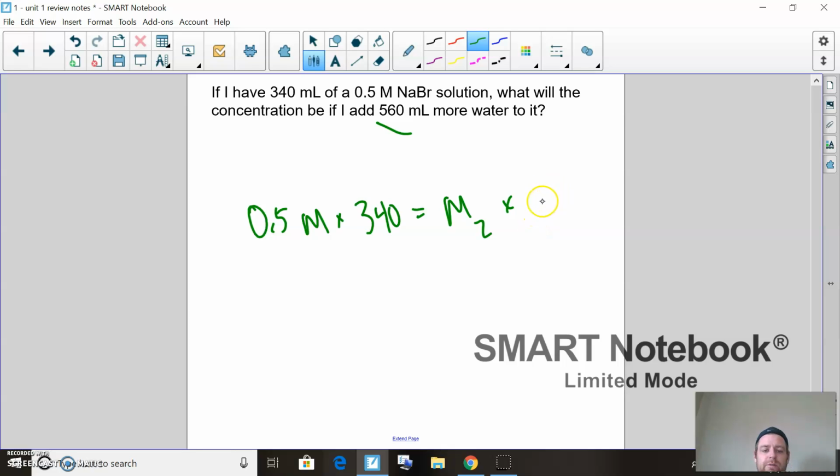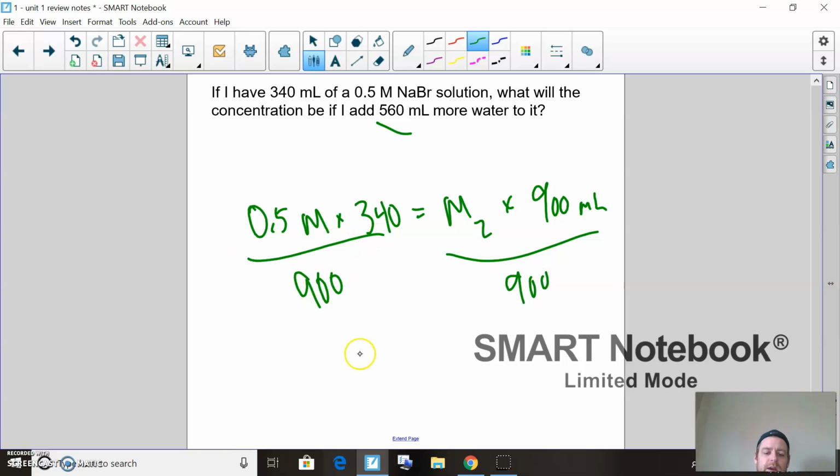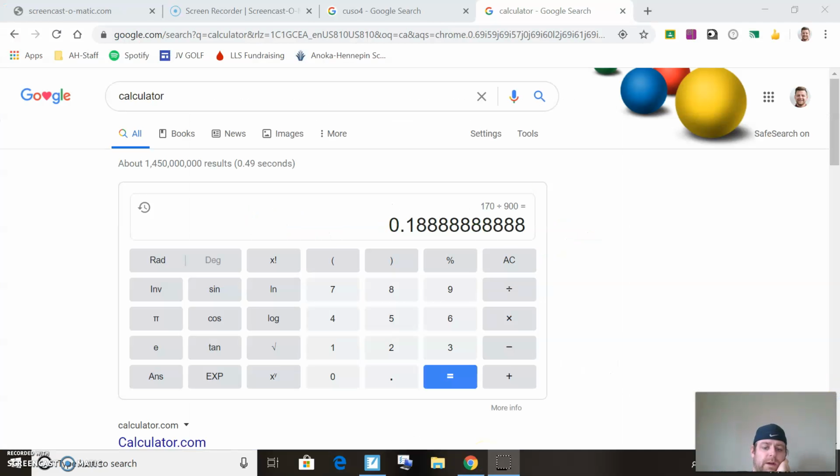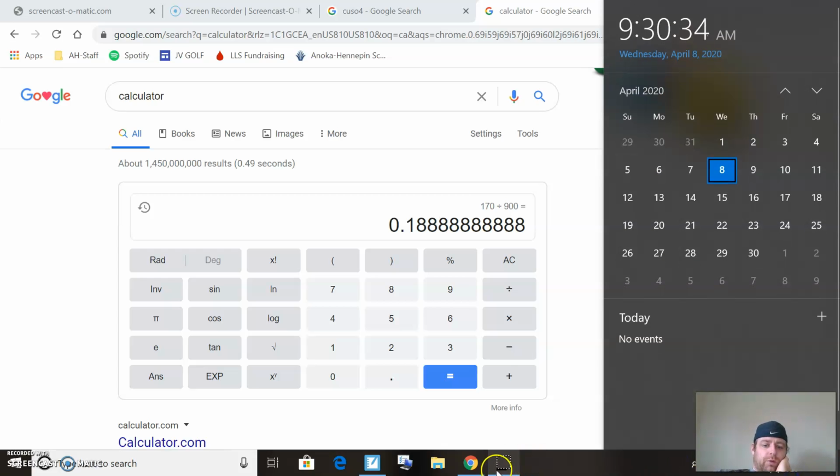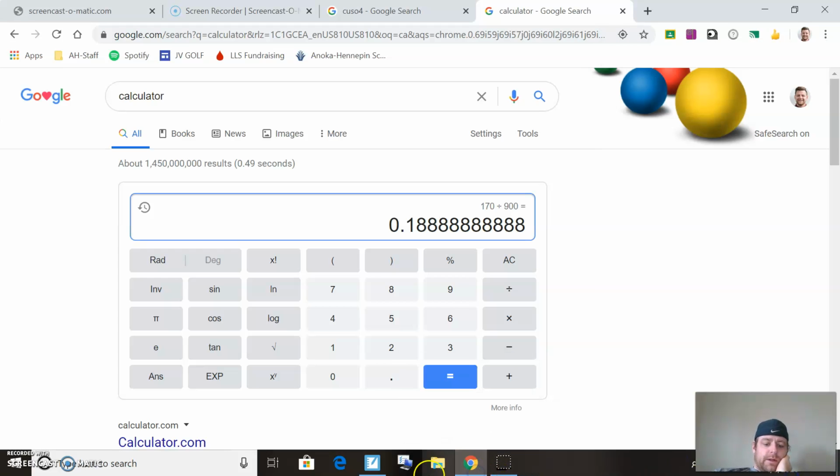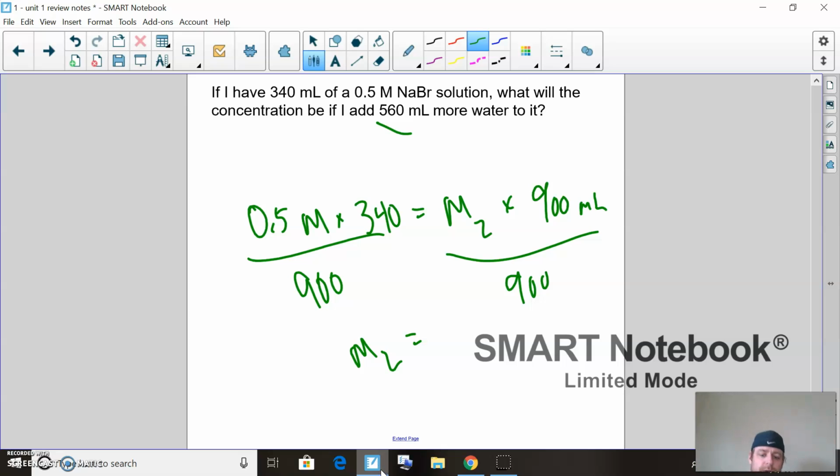So 560 plus 340, that's going to be the final volume. That's 900 milliliters. So essentially what I do is I just divide by 900. Okay, M2, what's my final concentration? You can do the math, which is 0.188. So that is the final concentration of that.